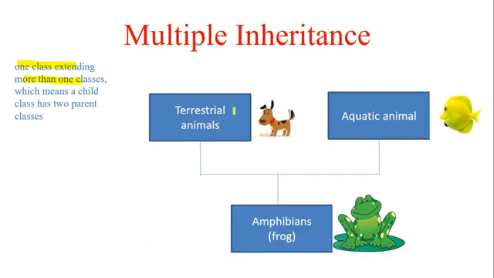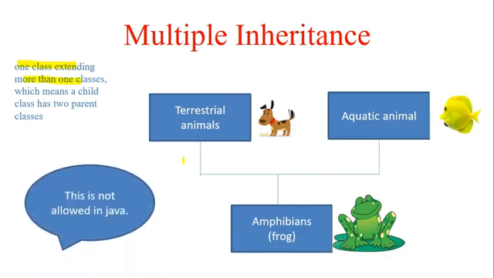Terrestrial animals can live only on land, aquatic animals can live only in water. But amphibians are those animals which can live both on land and in water. So when one class is extending properties of two classes or more, that becomes multiple inheritance, and this is very important from an interview perspective because this is not implemented in Java. Now I'll tell you why.